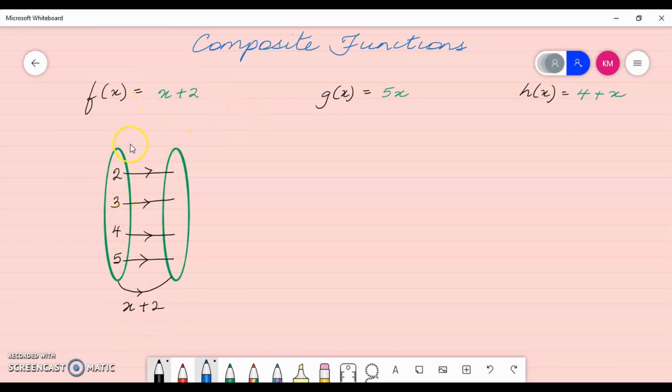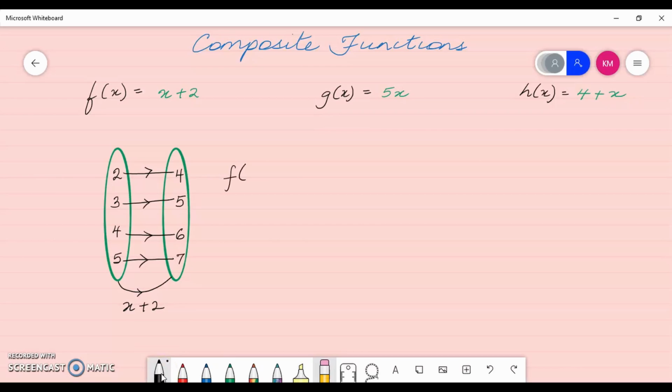So the first domain value 2 is going to map onto 2 plus 2 to give us 4. Our second domain element 3, we must add 2 to it to figure out what our range value is. That is going to give us 5. Here it's going to give us 4 plus 2, 6, and 5 plus 2, 7.